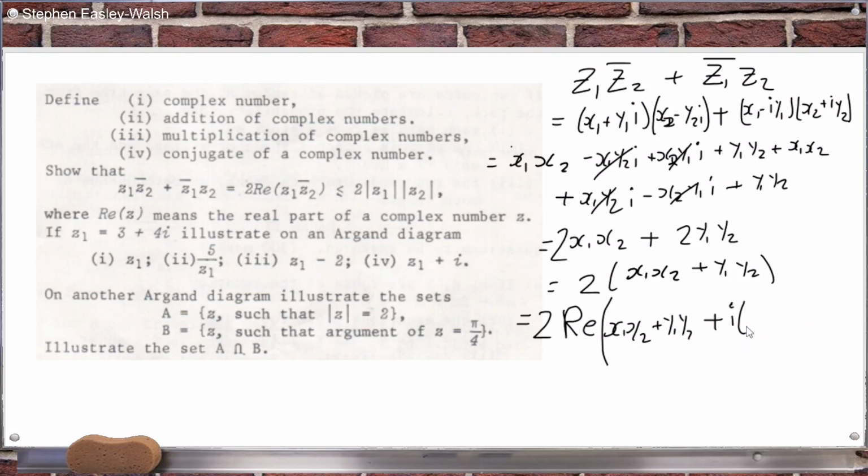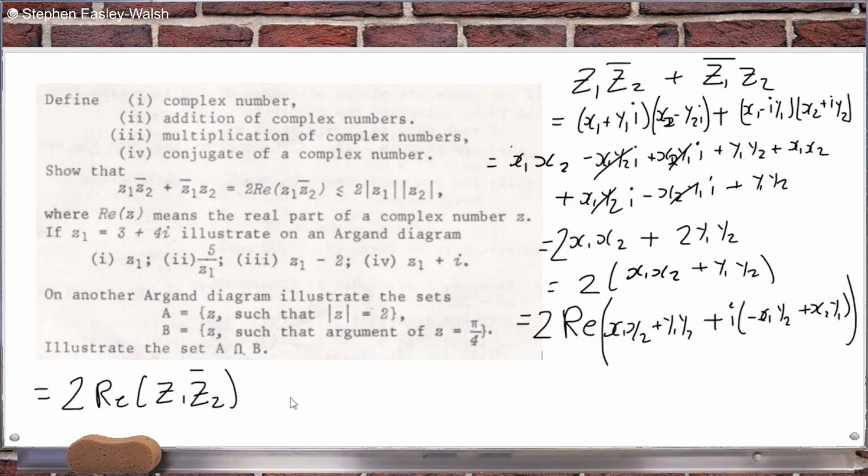So what I'm going to add in here is minus (X1 Y2 plus X2 Y1) i. Because if you look at what you have here, this is identical to what happened when I multiplied these two brackets out. So this is twice the real part of Z1 Z2 conjugate.